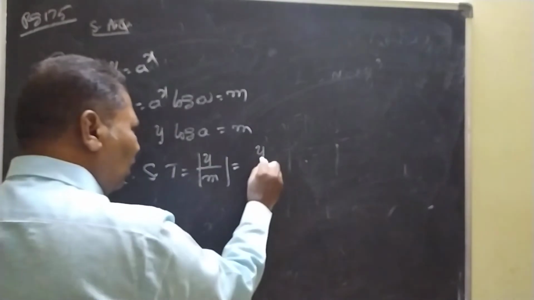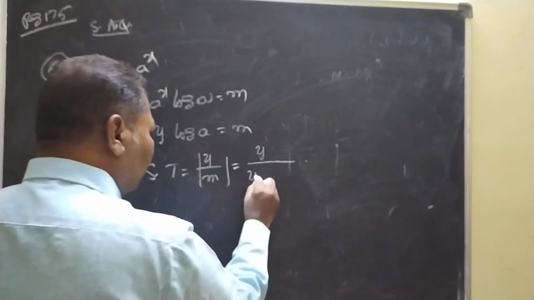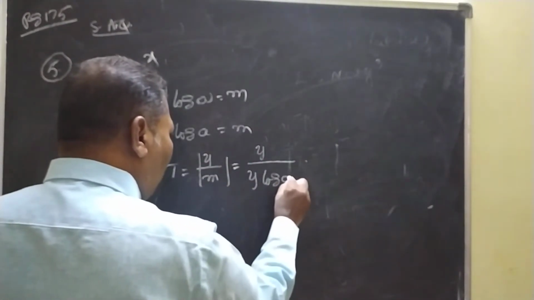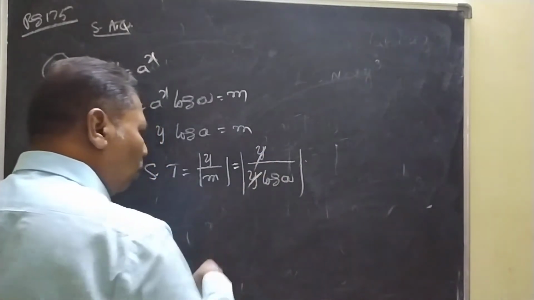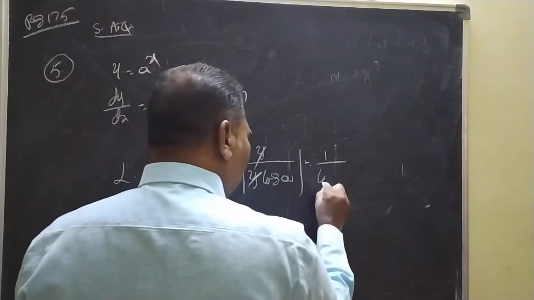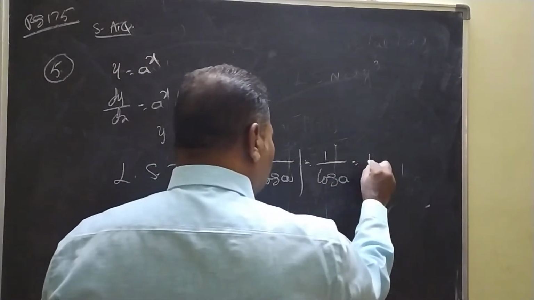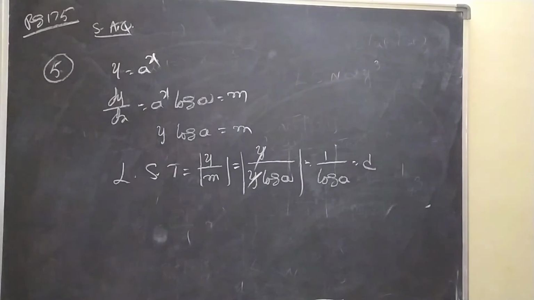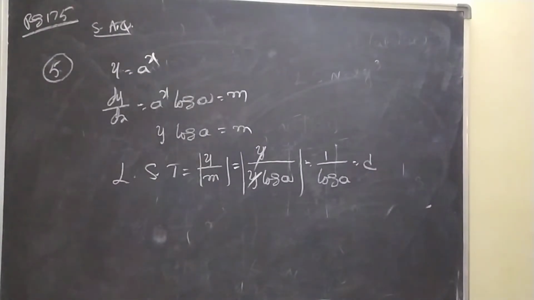Y by m value, y log a. Y cancel, 1 by log a. This is a constant value. 1 by log a is also a constant.